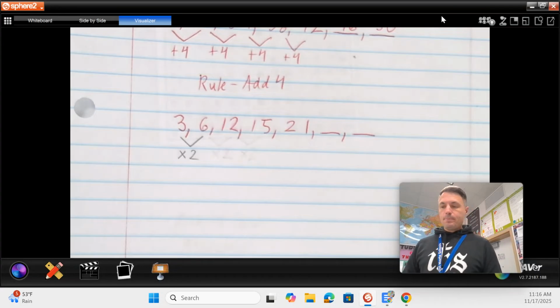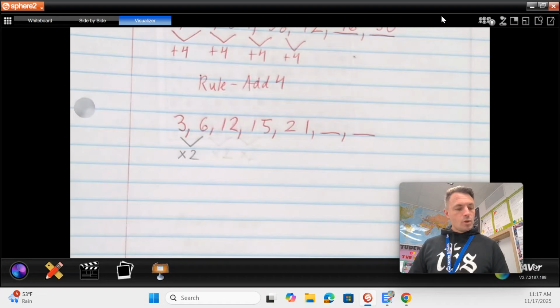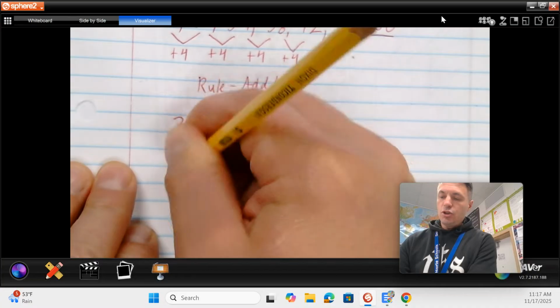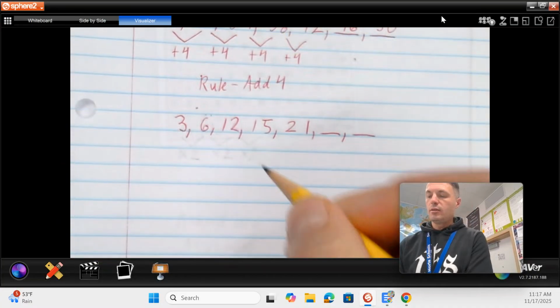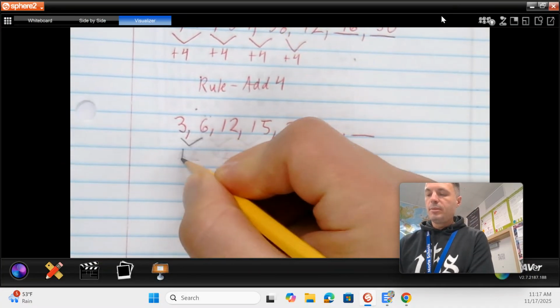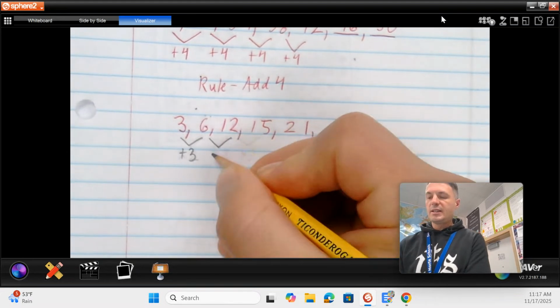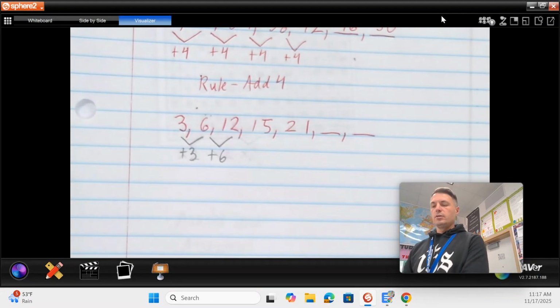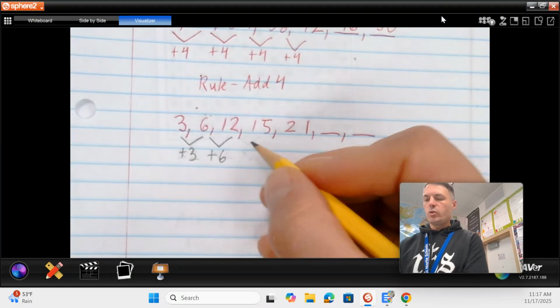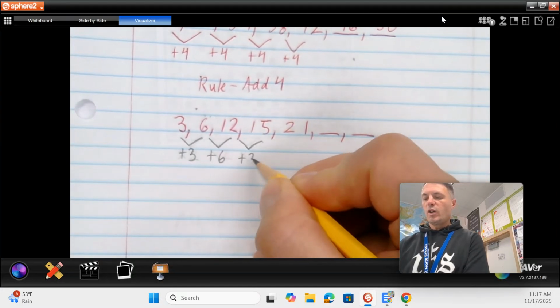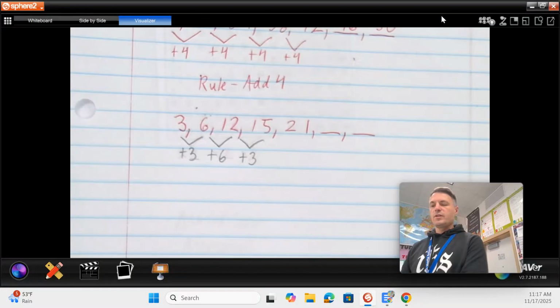Let's see, what if we changed it from multiplication to addition? So 3 plus 3 is 6. And let's see, 6 plus 6 is 12. And what plus 12 equals 15? Well, 12 plus 3 equals 15.